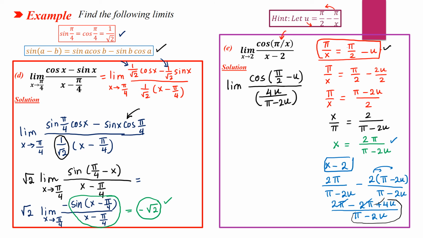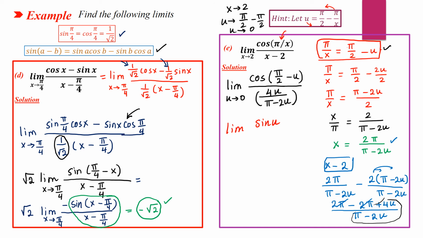Now this limit is in terms of u, so when x goes to 2, u goes to pi over 2 minus pi over 2. So we have u goes to 0. Now for more simplification, we know that cosine of pi over 2 minus u is sine u. So the numerator is sine of u, and the denominator is 4u divided by pi minus 2u.